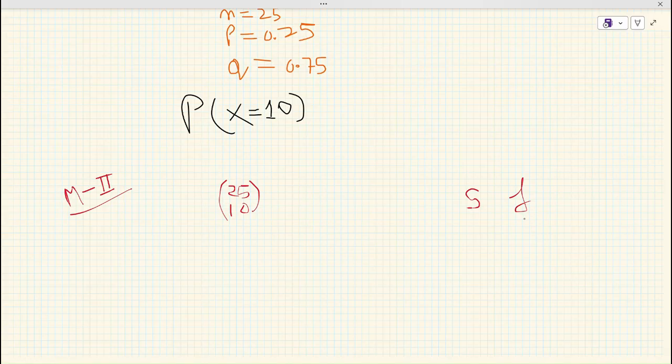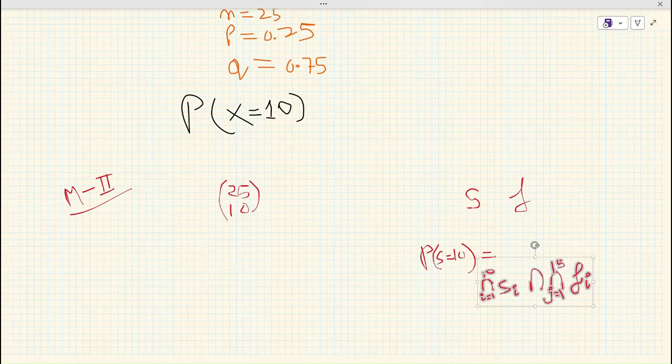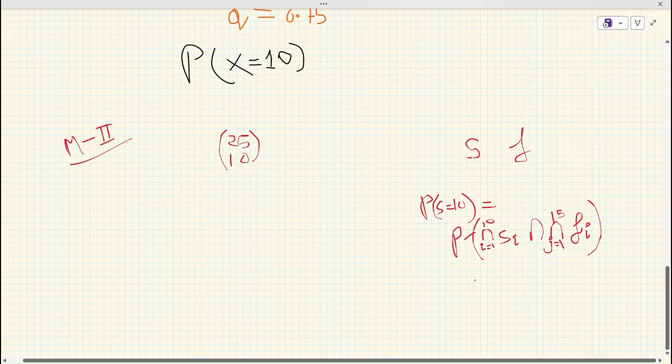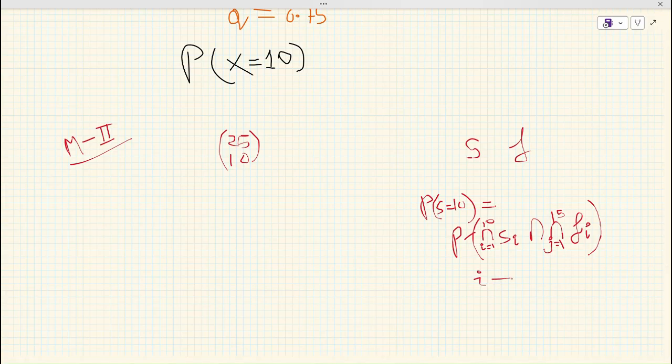The probability of getting the number of S equal to 10 can be calculated as the probability of the intersection of Si for i from 1 to 10, and the intersection of Fj for j from 1 to 15, where i is not equal to j.